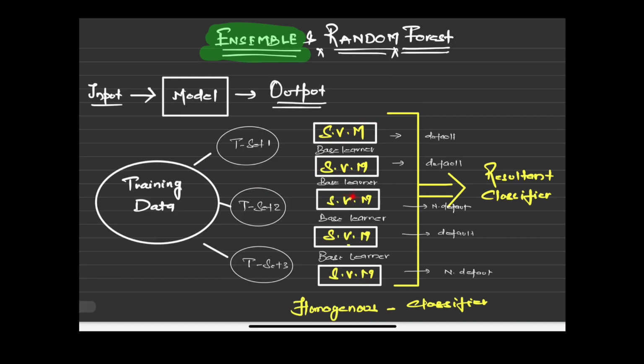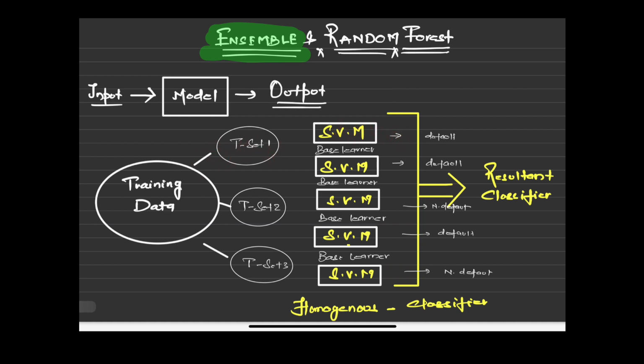You can use SVM, SVM, SVM, SVM as all the different models, all the different classifiers or base learners, right? Now, this is called a homogeneous classifier. Everything is similar. The only thing that will change is that you will not give the complete training data set to one of the SVM models or the first classifier.